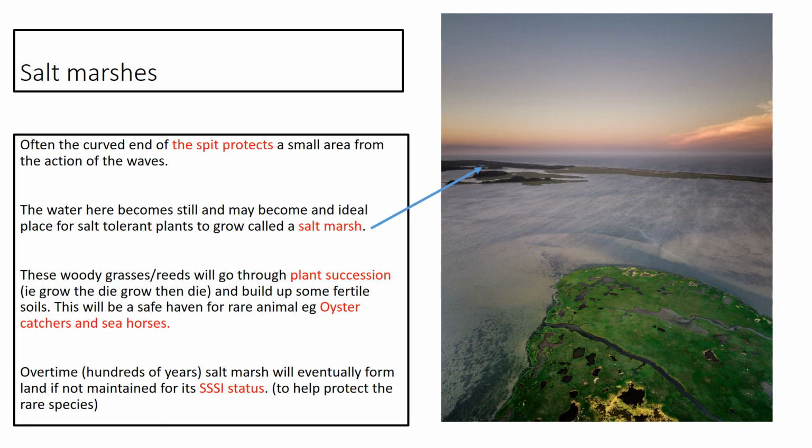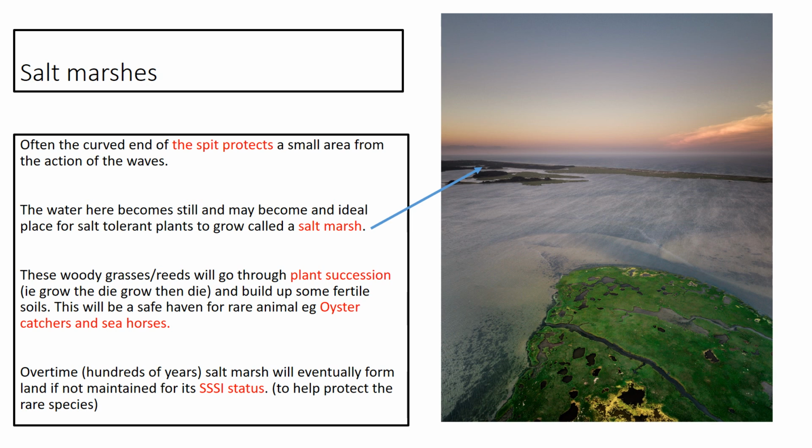Salt marshes. Often the curved end of the spit protects the small area from the waves, and therefore it may become a little bit marshy as the water starts to evaporate and salt tolerant plants start to grow there and form a salt marsh. These woody grasses or reeds will go through the normal plant succession, i.e. they will grow and then die, and some more will grow and then some more will die, and they build up the fertile soils.